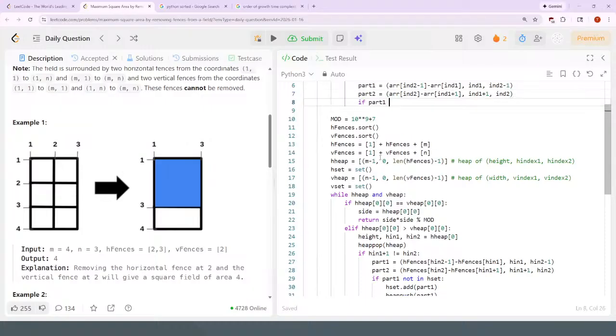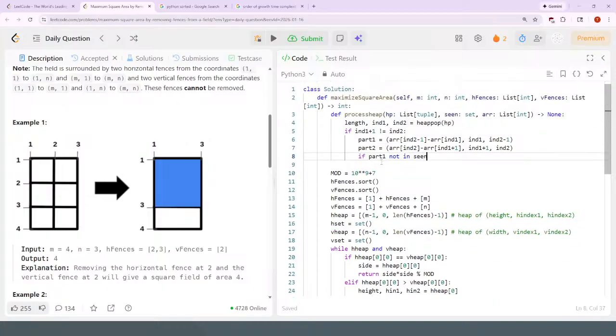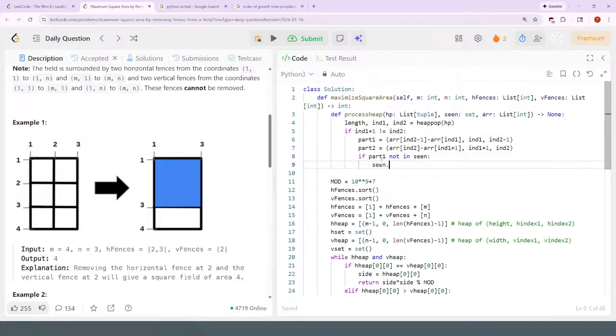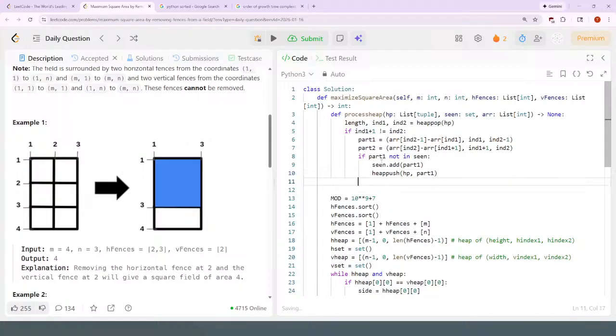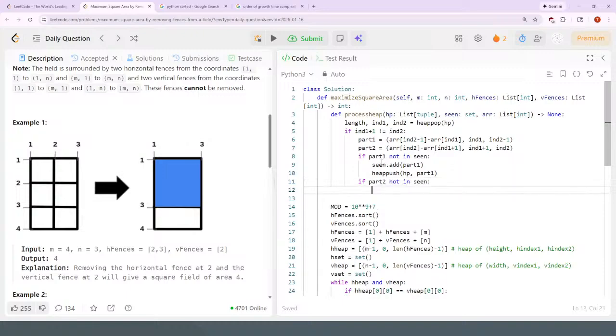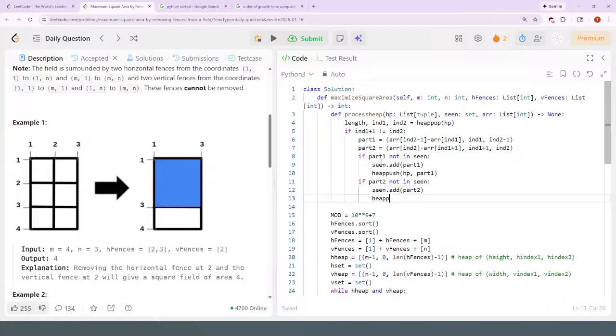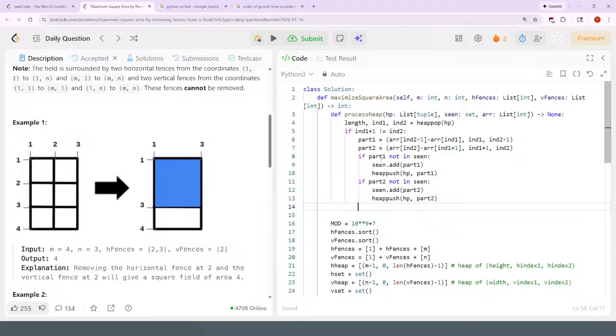If part 1 not in the scene set, scene.add part 1, heap push onto the heap part 1. With part 2 not in scene, scene.add part 2, heap push onto the heap part 2.